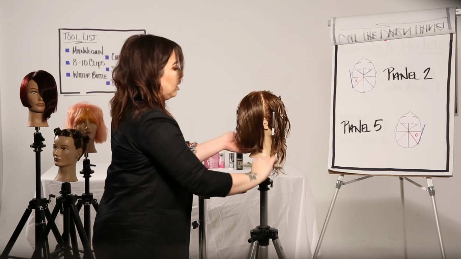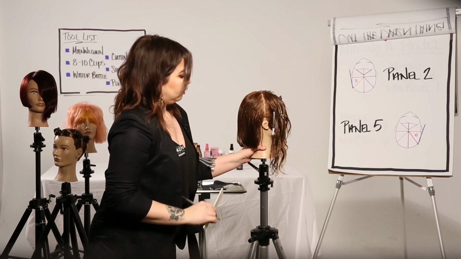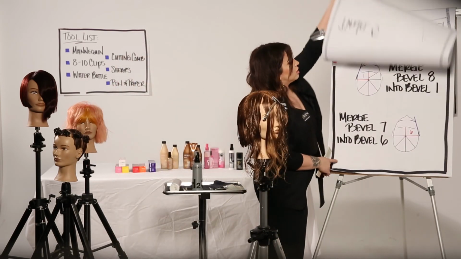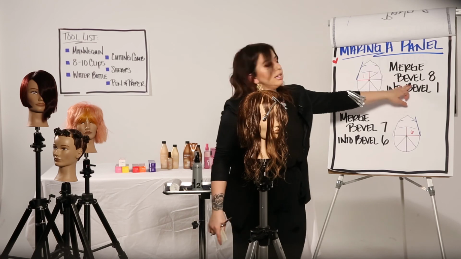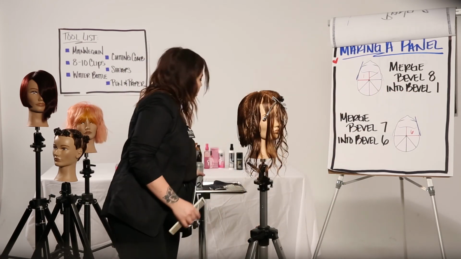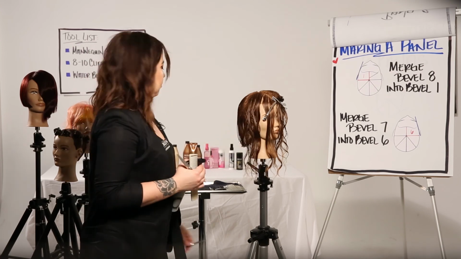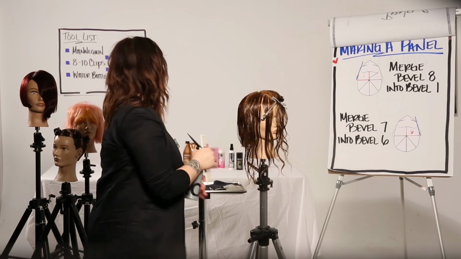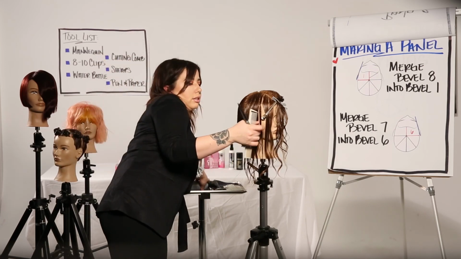So now that I'm over here, this is where the panels come in. We're going to merge bevels 8 into 1, and we'll merge bevels 7 into 6. All right.